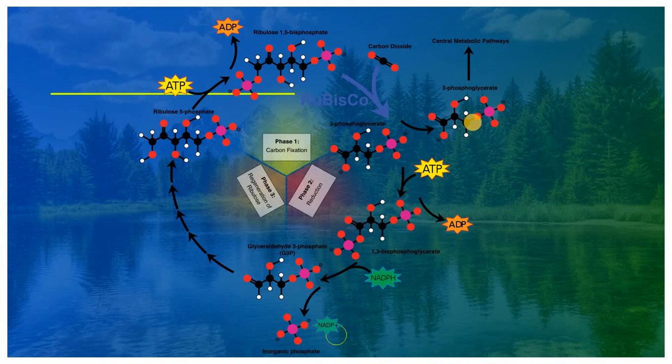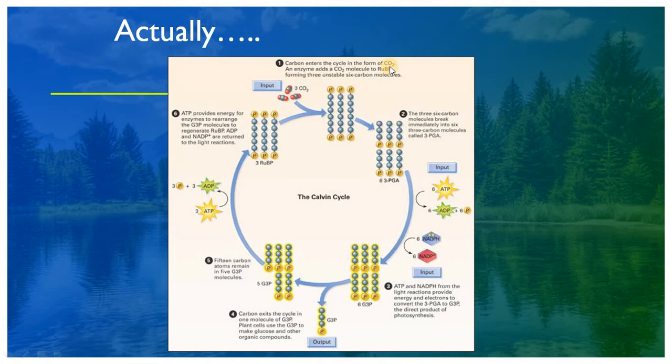and yes, there is something seriously wrong with this picture, because it is not 1 molecule of carbon dioxide that's being absorbed. It is 3 molecules of carbon dioxide which are being added on. And you will actually have 6 molecules of G3P, and only 1 of those will be exported out to create sugar.